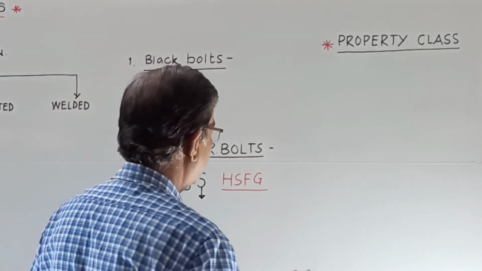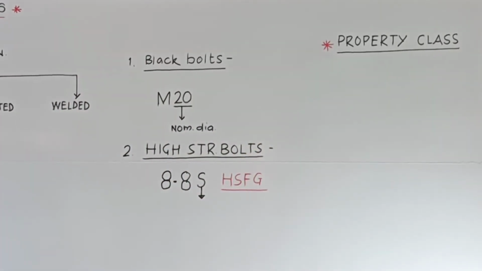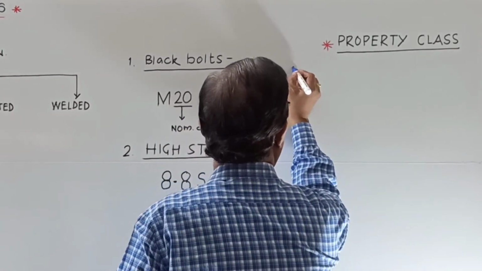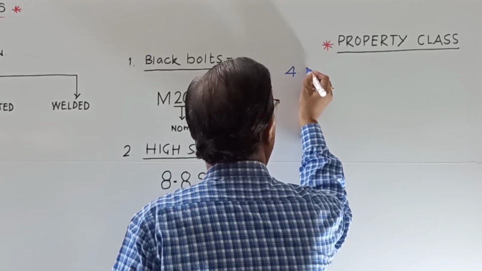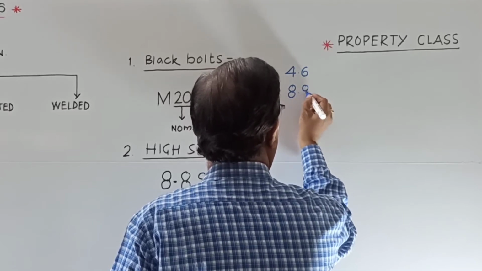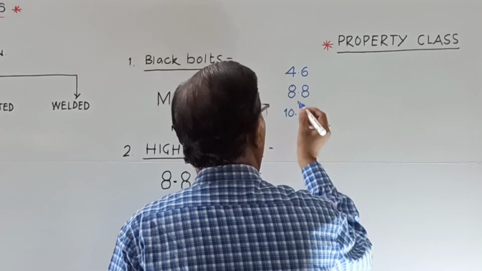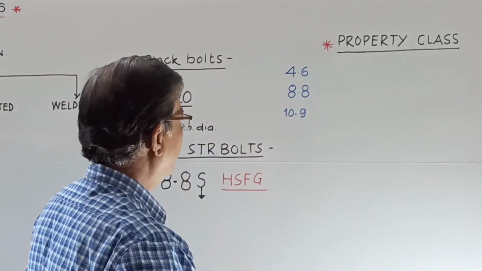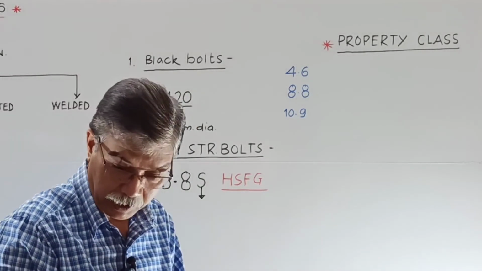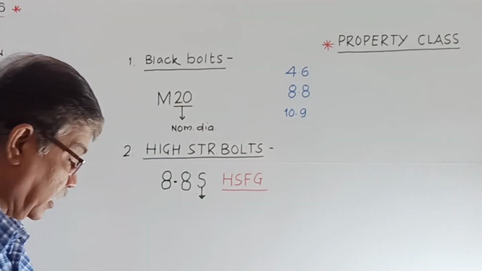Generally, bolts of property class 4.6, 8.8, 10.9 are available. 4.6 grade is available in black bolts. The minimum grade in high strength bolts is 8.8.